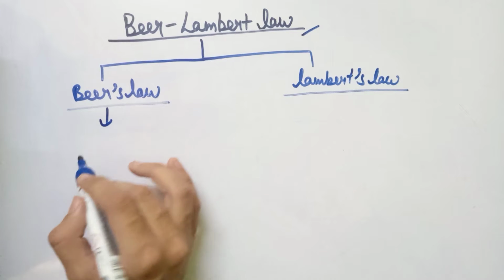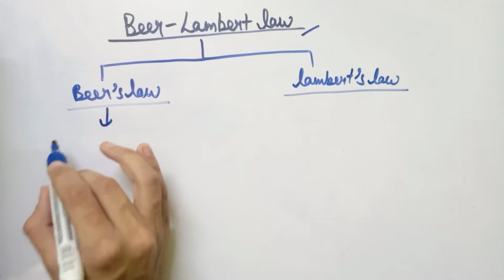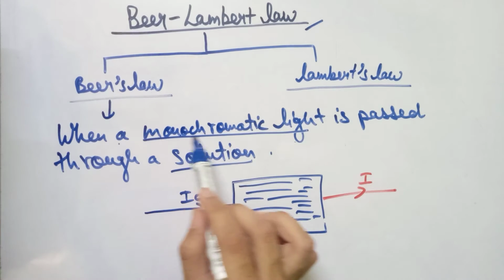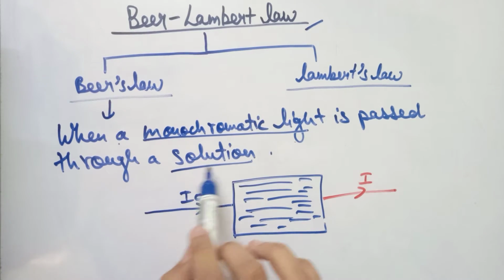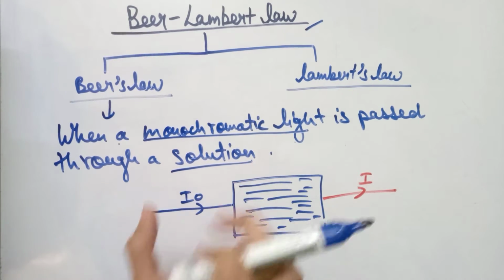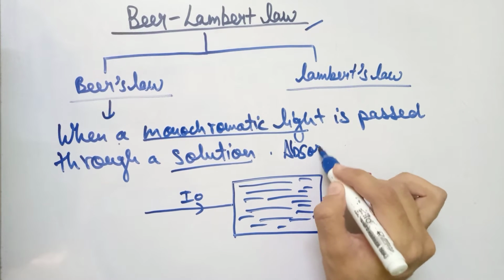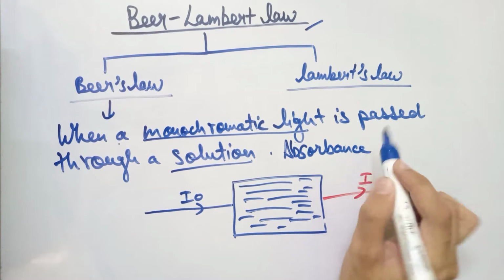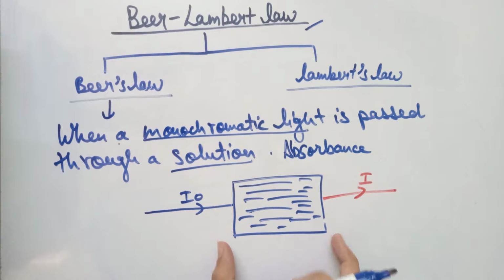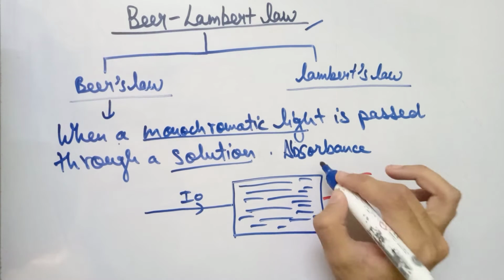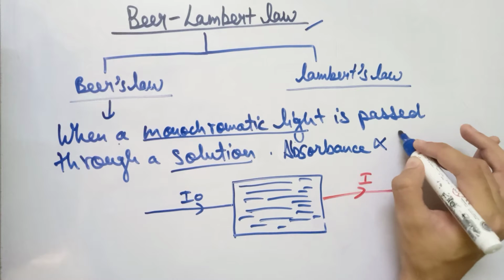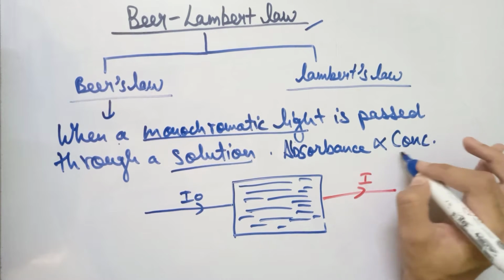Beer's law states that when a monochromatic light is passed through a solution of a certain concentration, the absorbance, which is the light absorbed by the solution, will be directly proportional to the concentration of the solution.